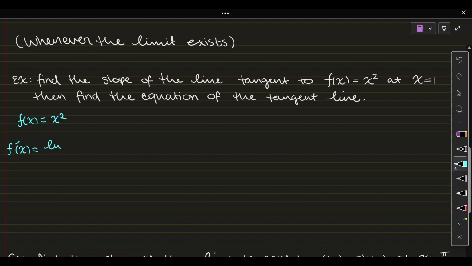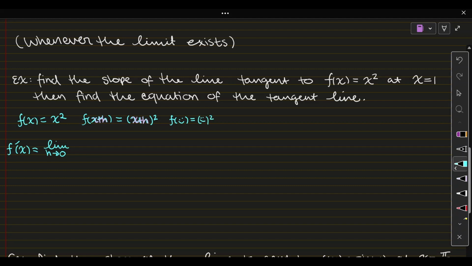So this is going to be the limit as h goes to 0 of f of x plus h. So f of x plus h is x plus h squared. Notice it doesn't matter what I put inside f, it just gives me that same thing squared. I could have easily had f of smiley face equal smiley face squared, right?